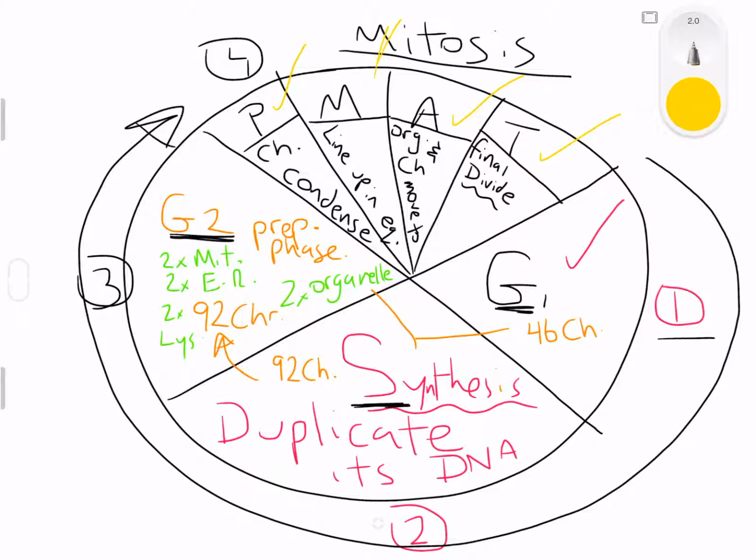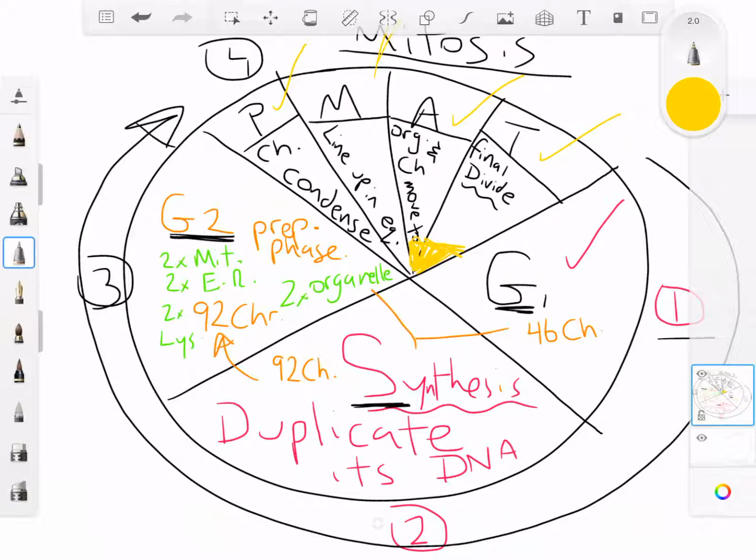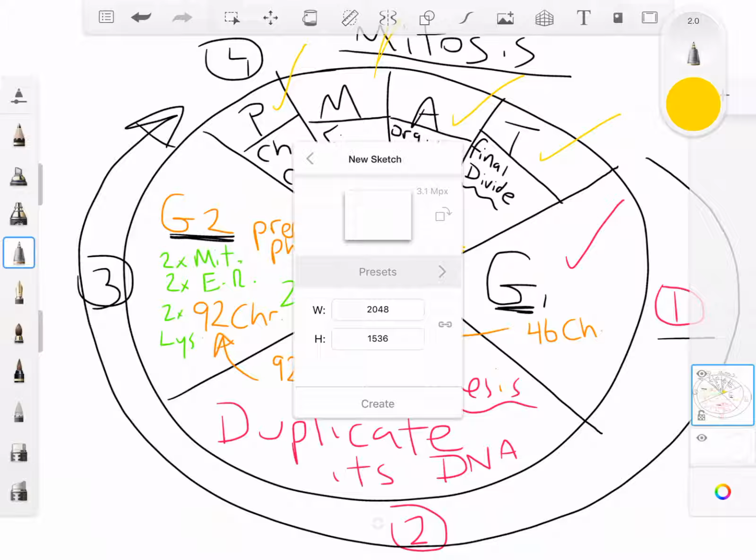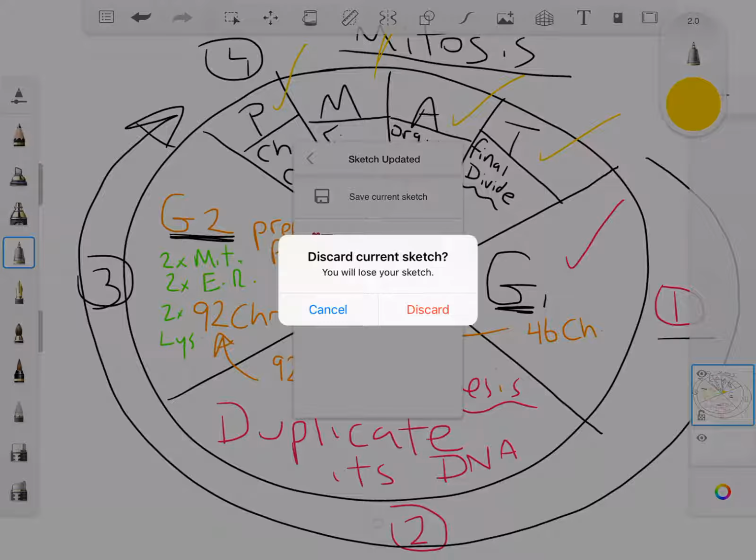Now, cytokinesis, which starts in anaphase, and I'm just going to color these two corners here. Cytokinesis is the actual pinching of the cell. You know, it's the actual moving, right? It's the actual physical divide of the cell, and it looks something like this.